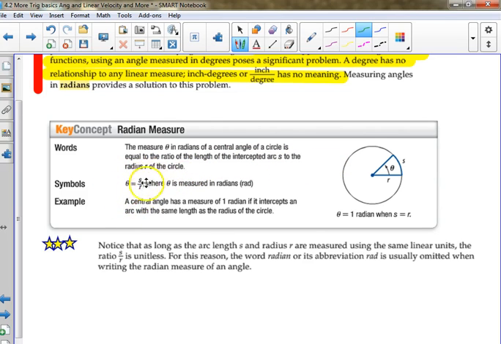So theta equals S over R, or the angle is equal to the arc length divided by the radius. We're also going to move that all around, and we're going to say things like the arc length is equal to, how do we get S by itself there, guys? Yeah. Remember using that one ever in trig? Okay.